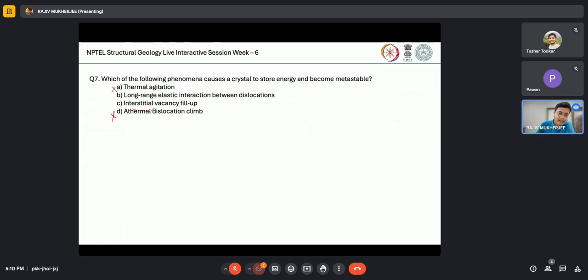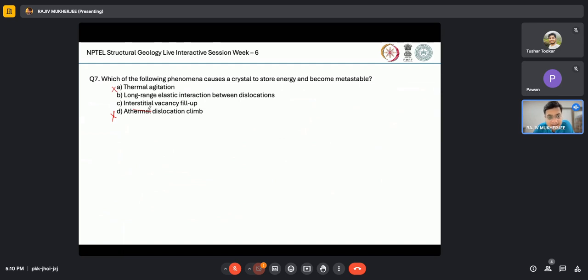Now, for interstitial vacancy fill-up: if there is an existence of vacancy, that means the material itself was in a metastable position, because vacancy will lead to instability. We discussed that in the first question, right? Now, if you fill up the vacancy, what will happen? It will again come to the equilibrium position in terms of energy.